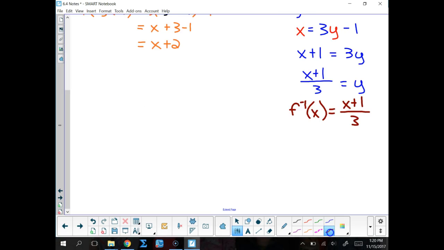Now, let's verify that those are inverses. So now I would say f of the inverse of x has to equal x. So that's going to be f of x plus 1 divided by 3.